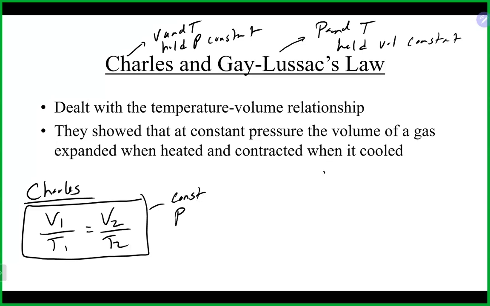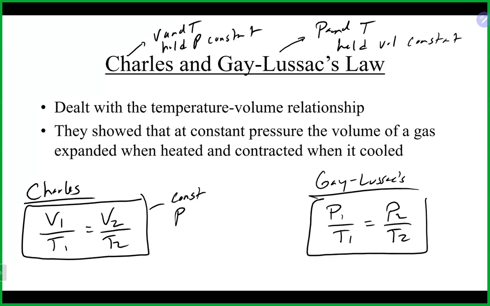If we look at Gay-Lussac's law, it's going to be P1 over T1 equals P2 over T2. And again, this is at constant volume. So if we think about the situation on the right-hand side, if I have a constant volume in a rigid container, volume's not going to be able to move, and I have gas molecules in there.